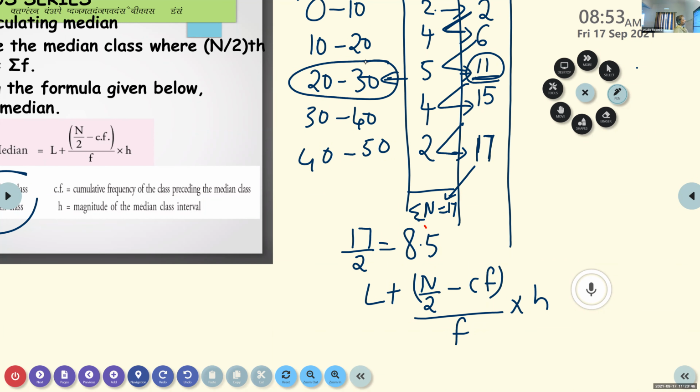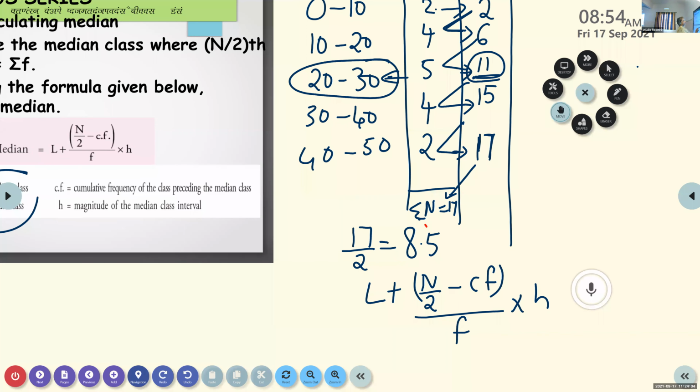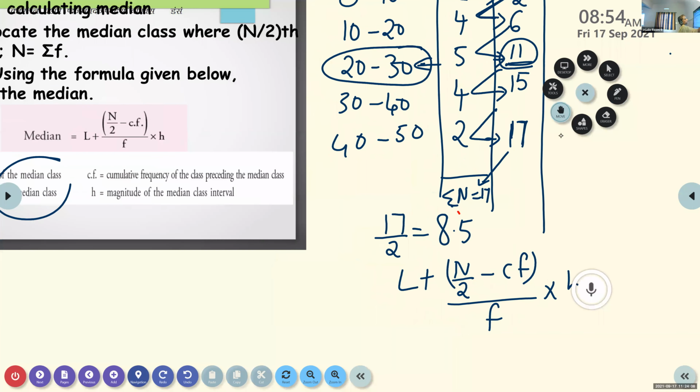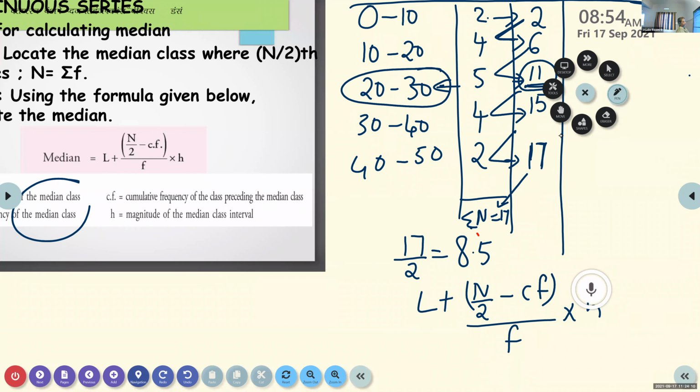Lower limit of this model class, what is that number? What is the number? Anyone? Lower limit is 20.